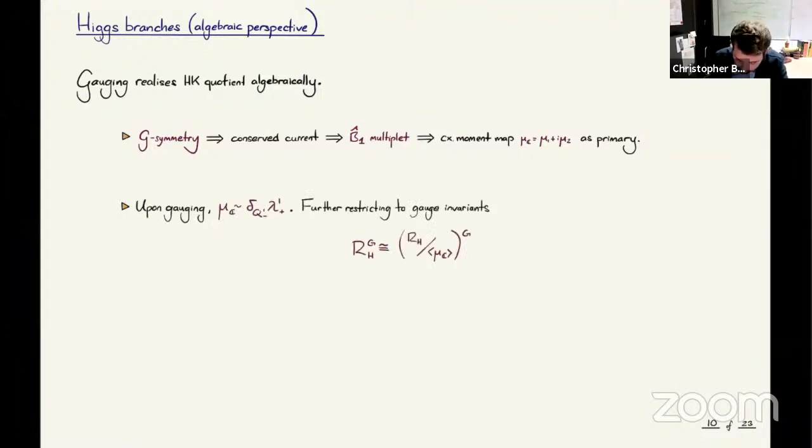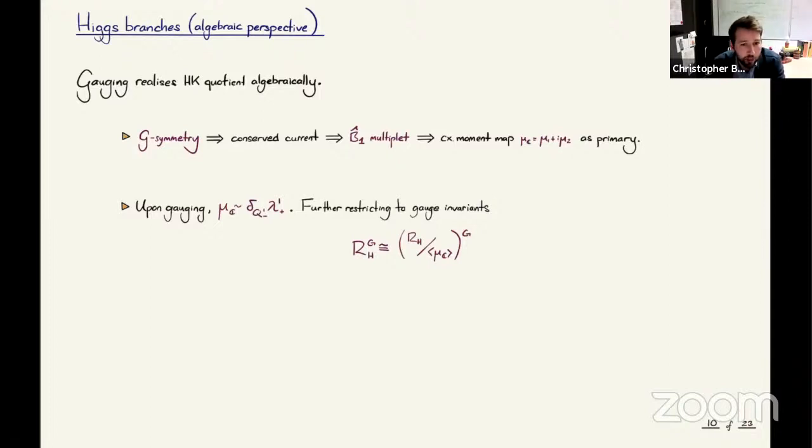When you gauge, what happens is that the holomorphic moment map becomes a Q variation of the gauginos in the vector multiplets that you introduce. So previously you had that moment map as a special short multiplet in your theory.